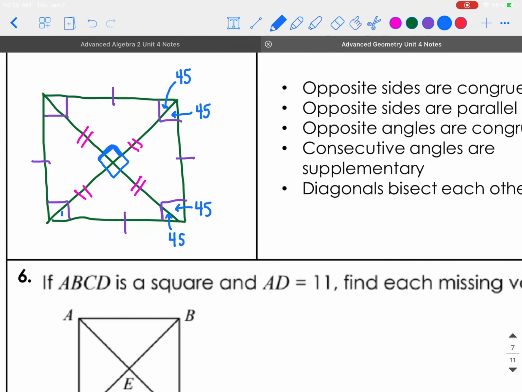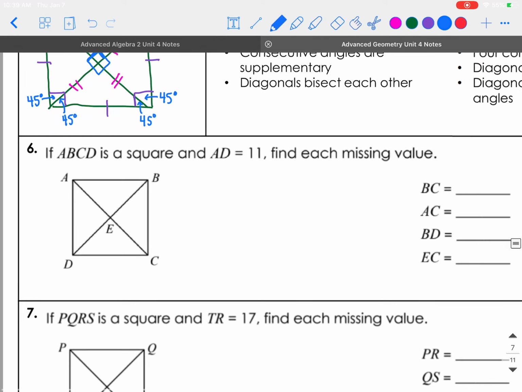So all of these are 45 degrees. I think squares, I think that one's the easiest one out of all of them.